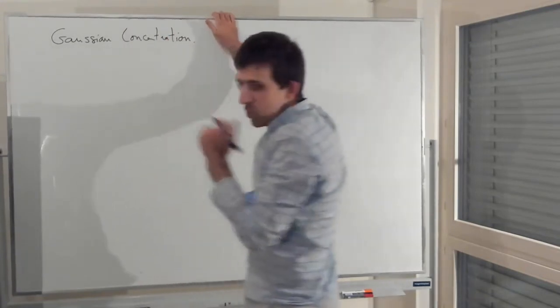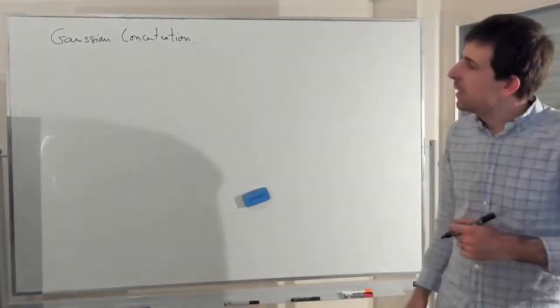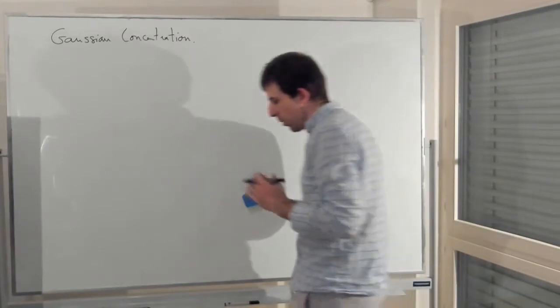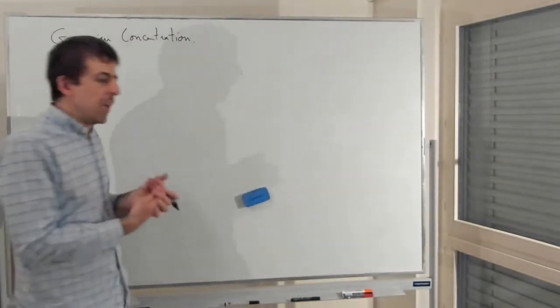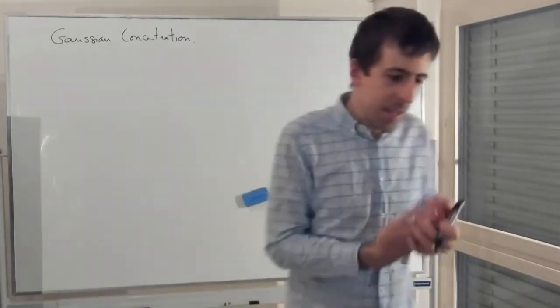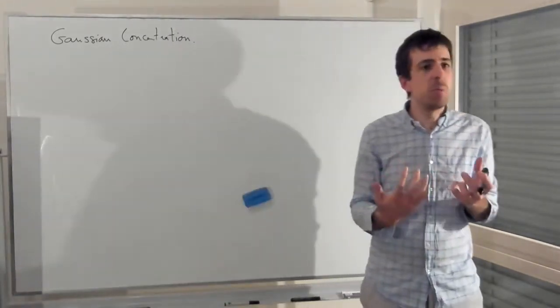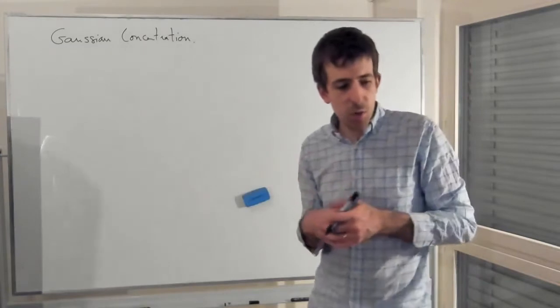Okay, so Gaussian concentration is a theorem, and it's about how high-dimensional objects do tend to concentrate around their means. In particular, it's about how high-dimensional functions that are very stable with respect to the input concentrate well.